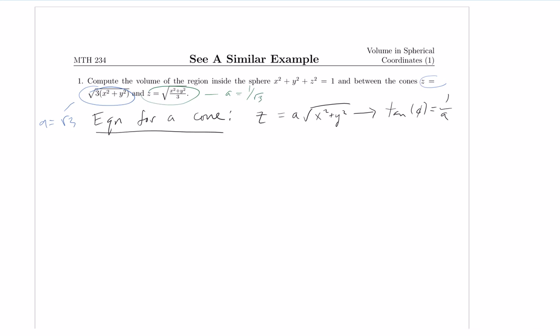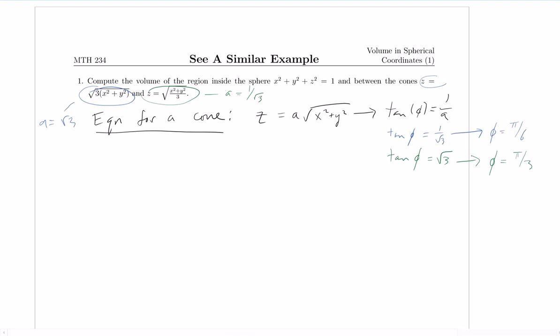So the first cone, the equation is tangent of phi equals 1 over the square root of 3. And that will be the angle 30 degrees, which is pi over 6. And for the second cone, a is 1 over root 3, so tangent of phi is just square root of 3. And that's going to be the angle 60 degrees, which is pi over 3.